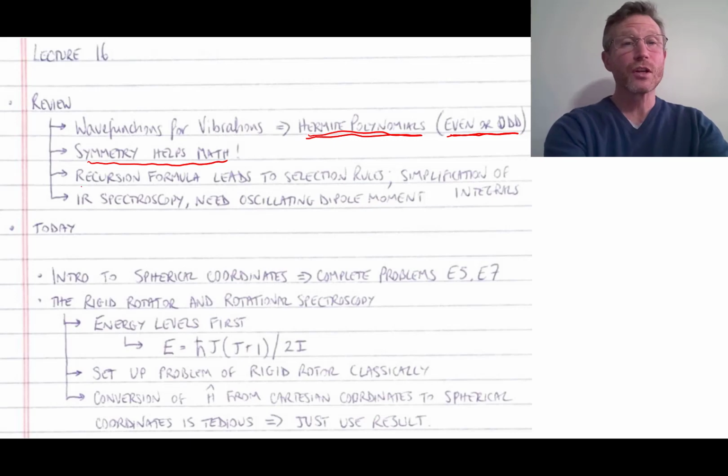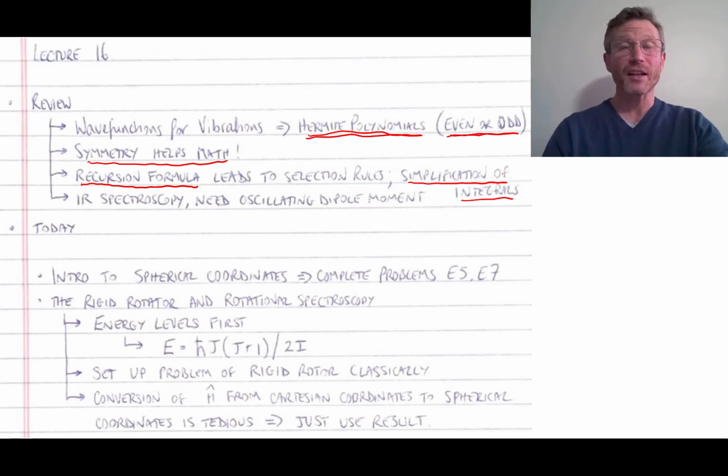I also introduced the idea of these recursion formulas, a particular recursion formula for Hermite polynomials, and that leads to these selection rules that are important for infrared spectroscopy. This recursion formula is also important for simplification of integrals, and we might find that again looking forward.